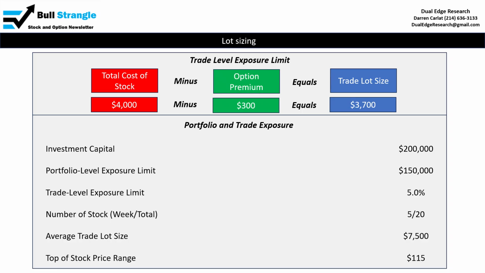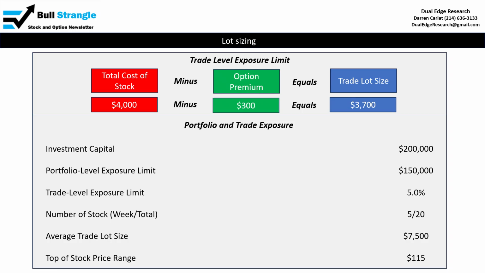We'll talk about the portfolio level exposure limit in a slide or two, but basically we want to have no more than 75% of our total capital invested at any given point in time. On a $200,000 account, that would be $150,000. Our trade level exposure limit is about 5%.